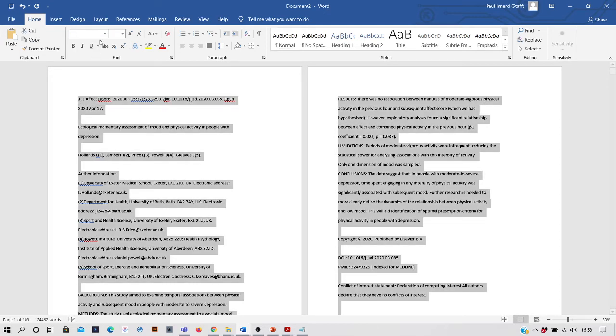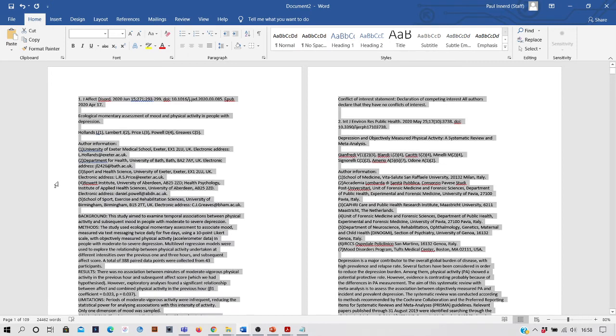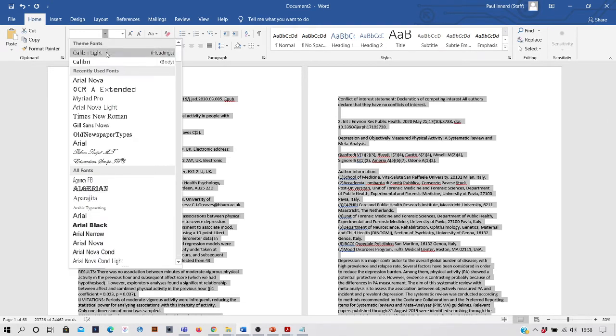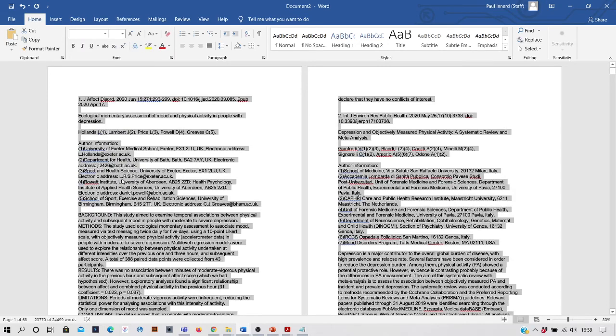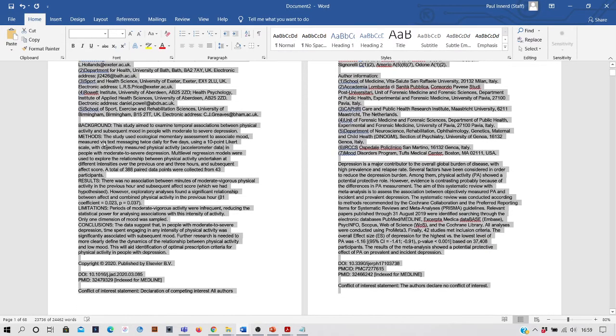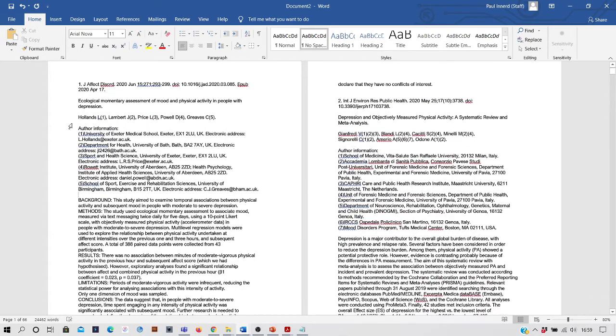I'm going to spend a little bit of time, because I'm going to have to read through all of these and decide which ones I'm going to get rid of, which ones I'm going to keep. So it's something I need to be careful doing. I generally have a little fiddle around, put it into a font that's easier to read, make sure it's single spaced, so there's no dead space that I've got to draw my eye down through the page. And all you do is hand sort.